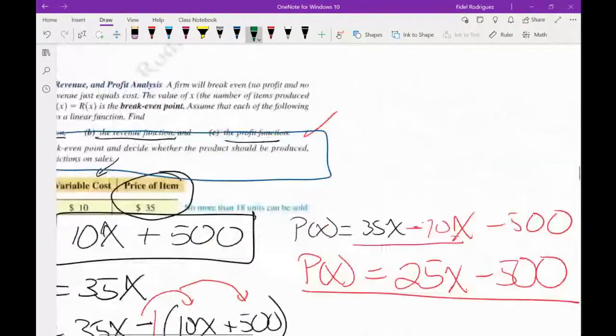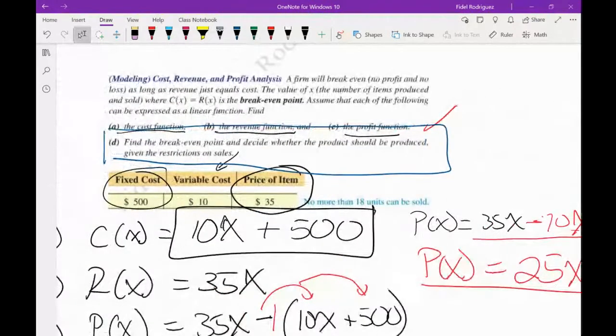Now, I'm going to come back over here to make sure that we've answered our question. So look at part D. It says, find the break-even point. We did. It was 20. And then it says, and decide whether the product should be produced. Should we make these headphones given the restrictions on sales? Look what the restriction on sales is. We can't sell more than how many headphones? 18. And in order for me to make money, I have to sell more than 20.